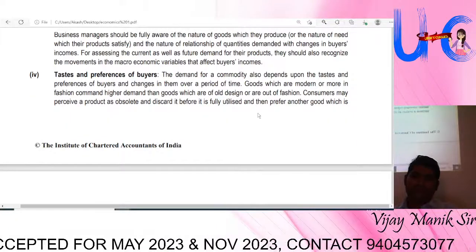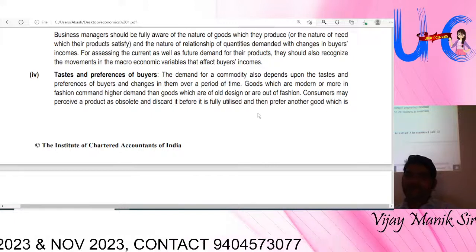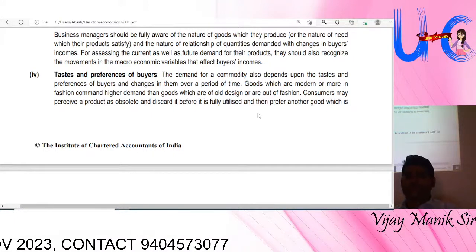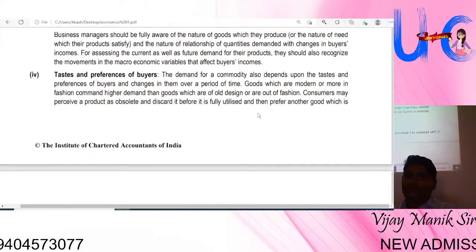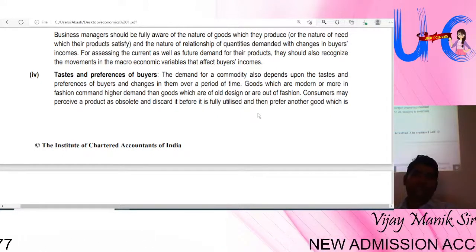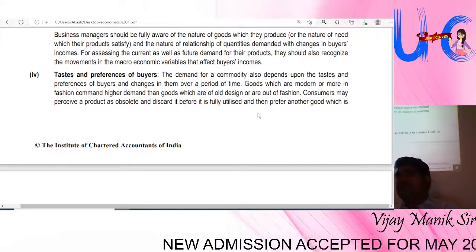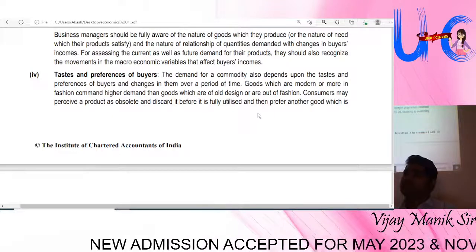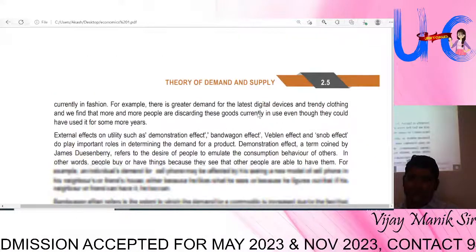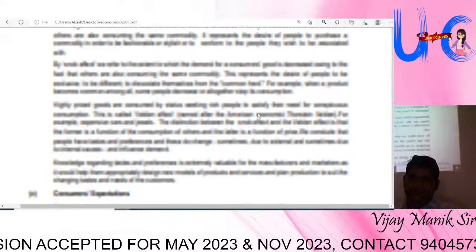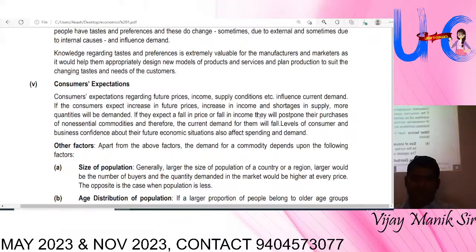Taste and preferences of buyers. This thing must be kept in mind by the producers: which kind of commodities can be preferred and are the favorite of those buyers. Then the producers can make more profits from that commodity. Consumers' expectations.